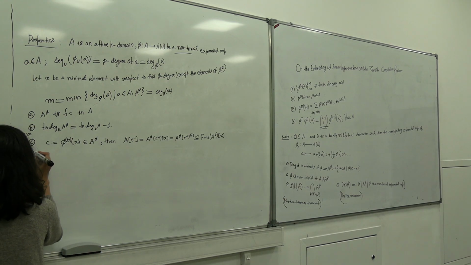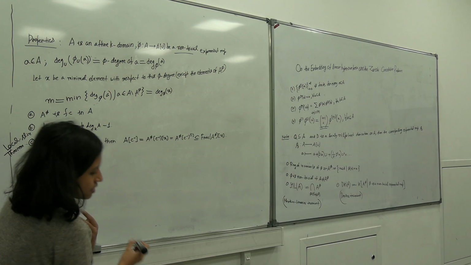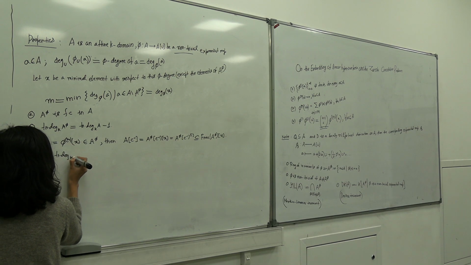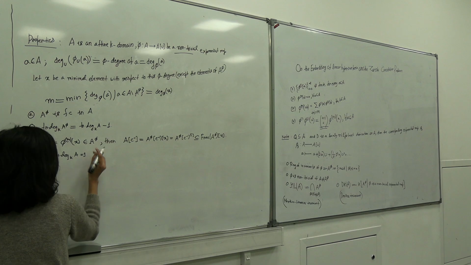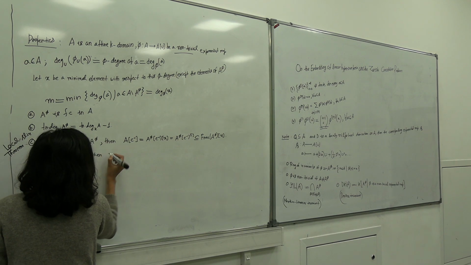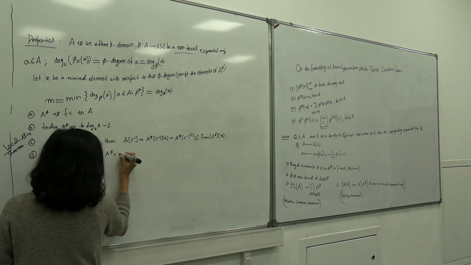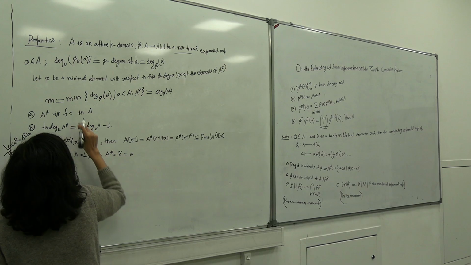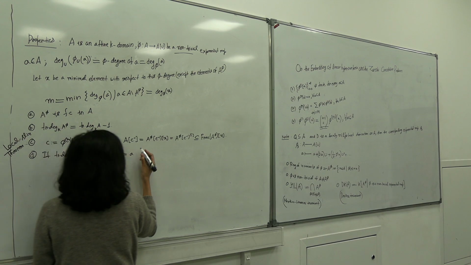Okay, number D is this. Now, if the transcendence degree of k of A was 1, that is, this becomes 0, then actually A to the power phi is nothing but k tilde, not k. We have to take the algebraic closure because this is factorially closed, hence algebraically closed.